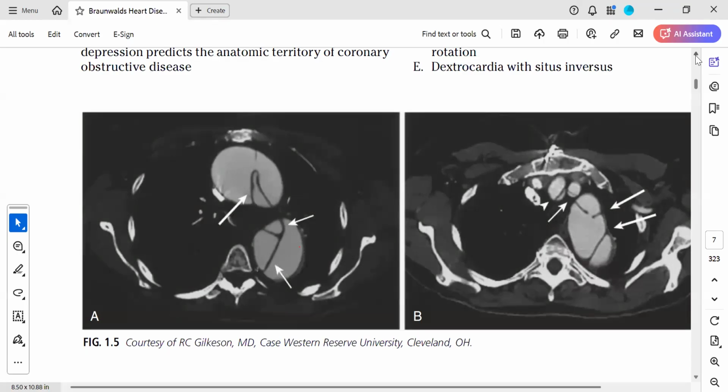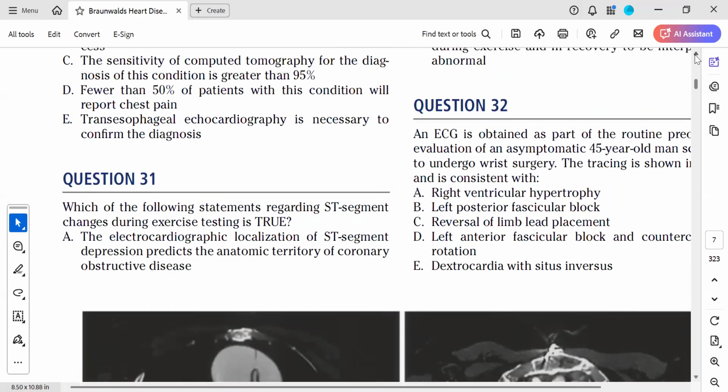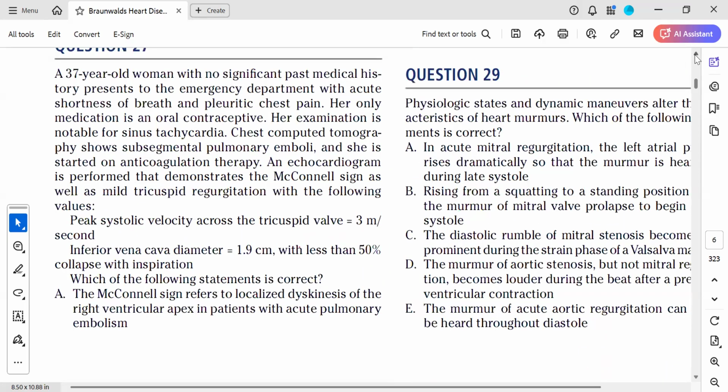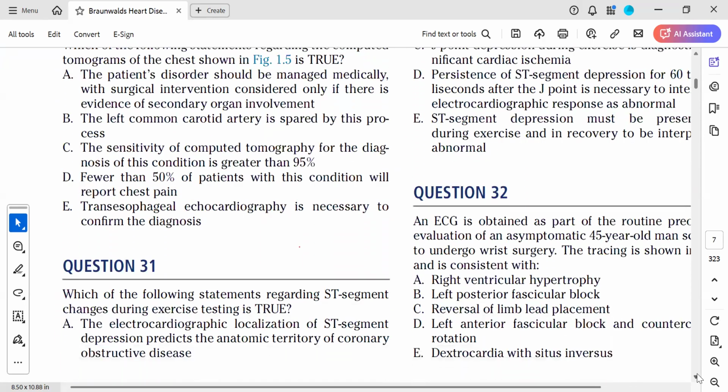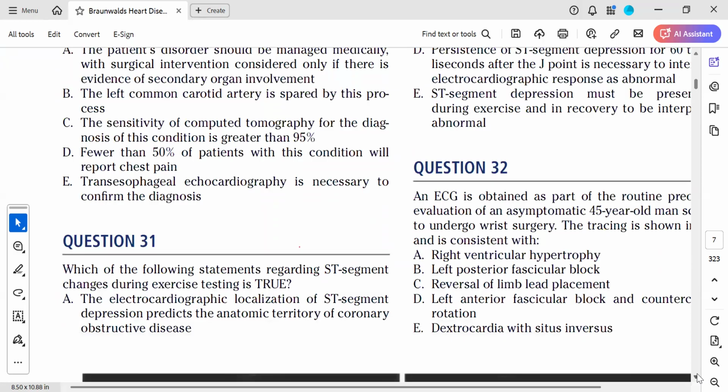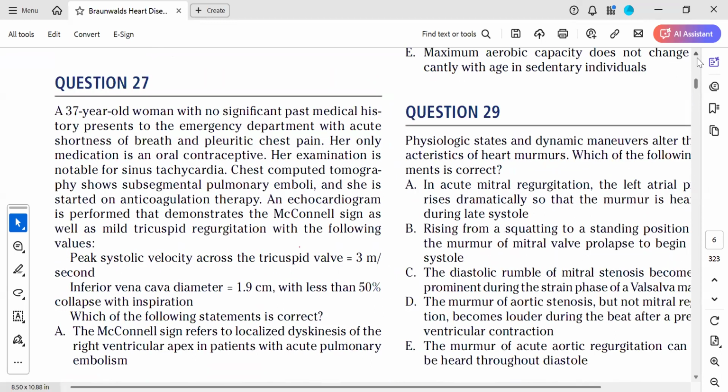Now, going back to the question, the first option says this disorder should be managed medically, with surgical intervention considered only if there is evidence of secondary organ involvement. As I said earlier, it involves both the ascending aorta and descending aorta.